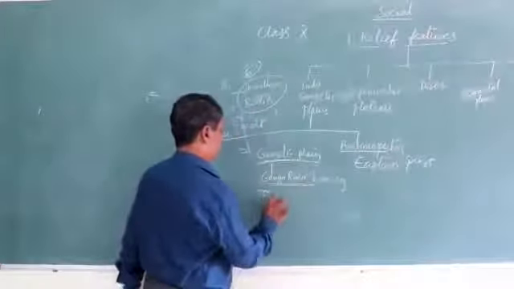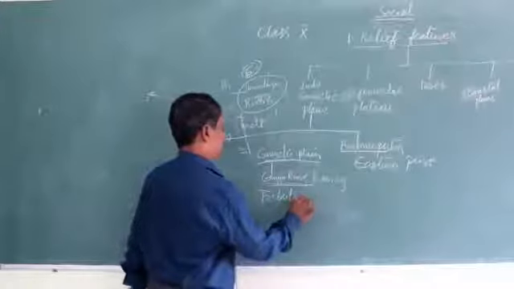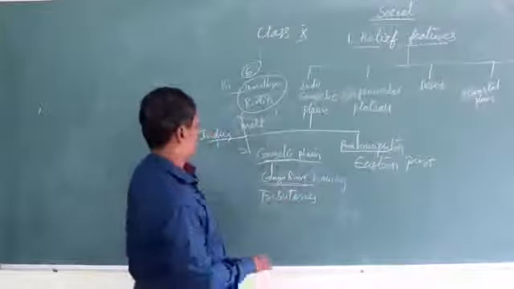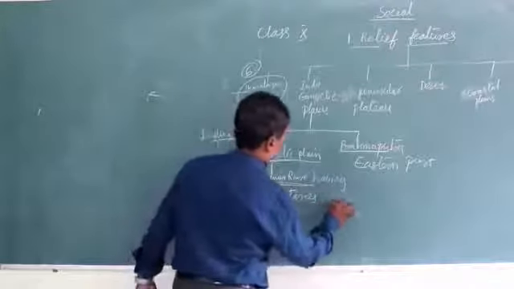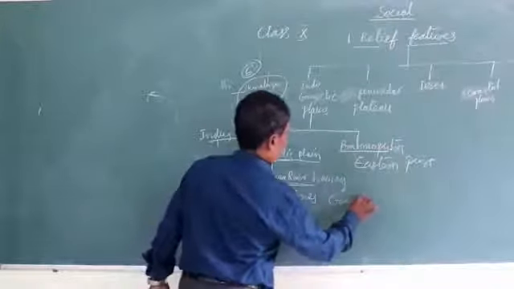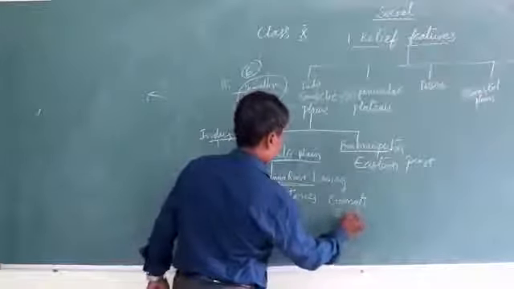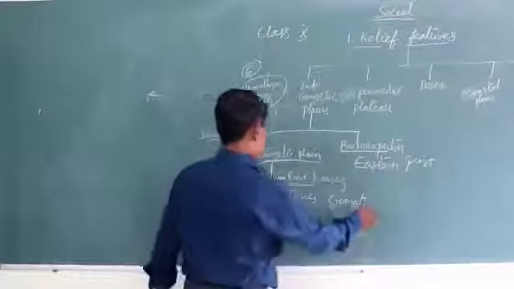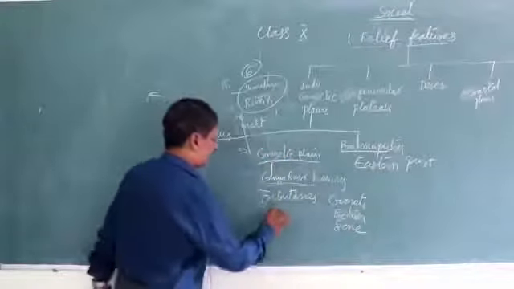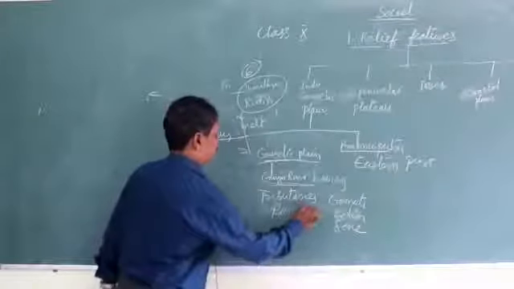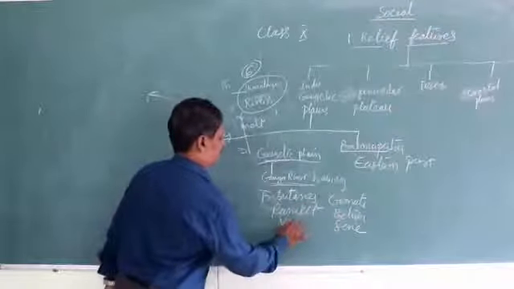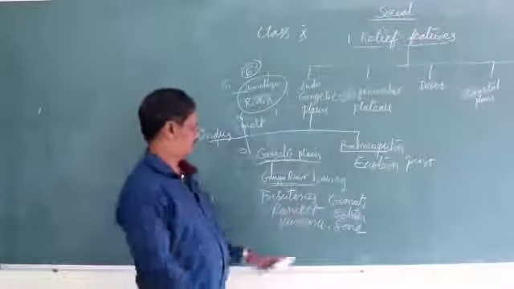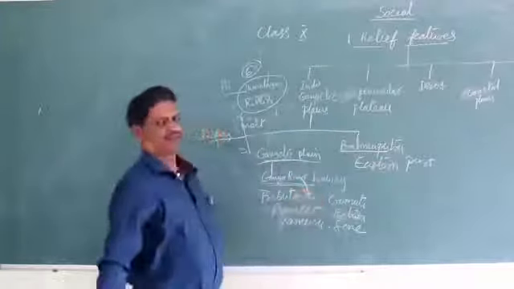What are the tributaries? Tributaries like Gomti, Betwa, Son, and Raniket, Yamuna. Okay, likewise, Ganga river also has tributaries.